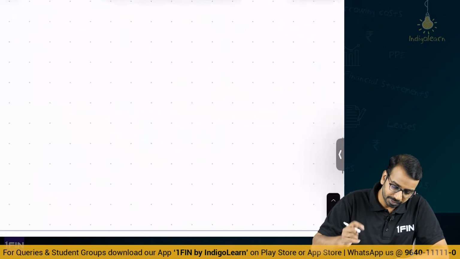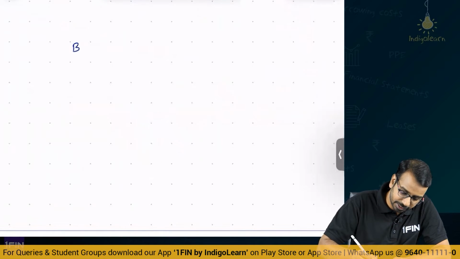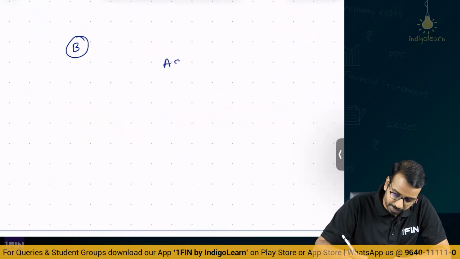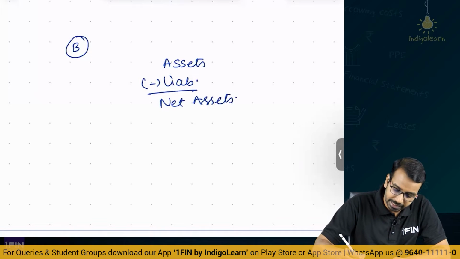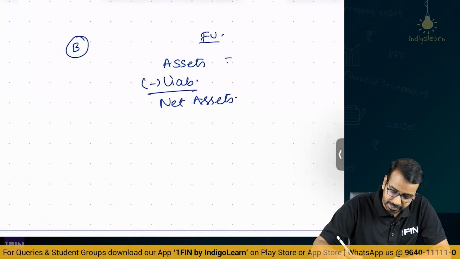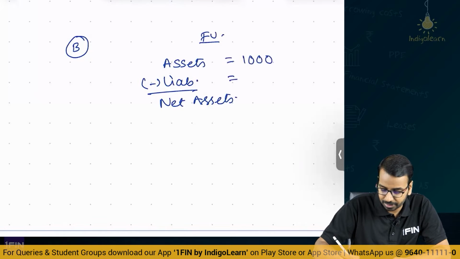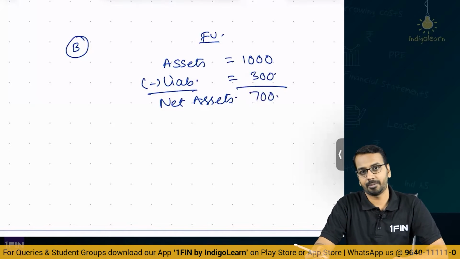Now, if I say this is B Limited, B Limited has some assets and some liabilities. Assets minus liabilities makes it net assets, right. Now, let us say the fair value of assets is 1000, liability is 300. So, fair value of net assets is 700. Okay.